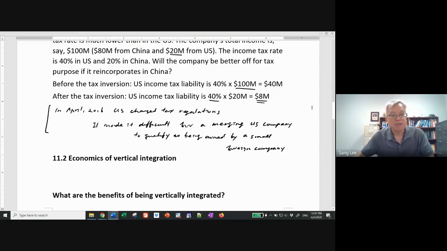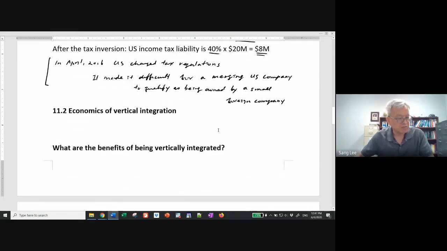Our next topic is economics of vertical integration. In this section, we're going to investigate a very important topic, that is how vertical integration affects a firm's cost.